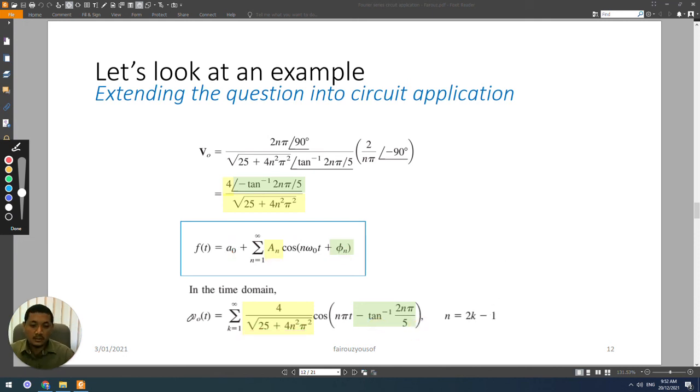So this is the v out in time domain. We have the capital An and the phi n, and of course we can also represent it in the typical form of the Fourier series, which is a cos n plus b sine n.